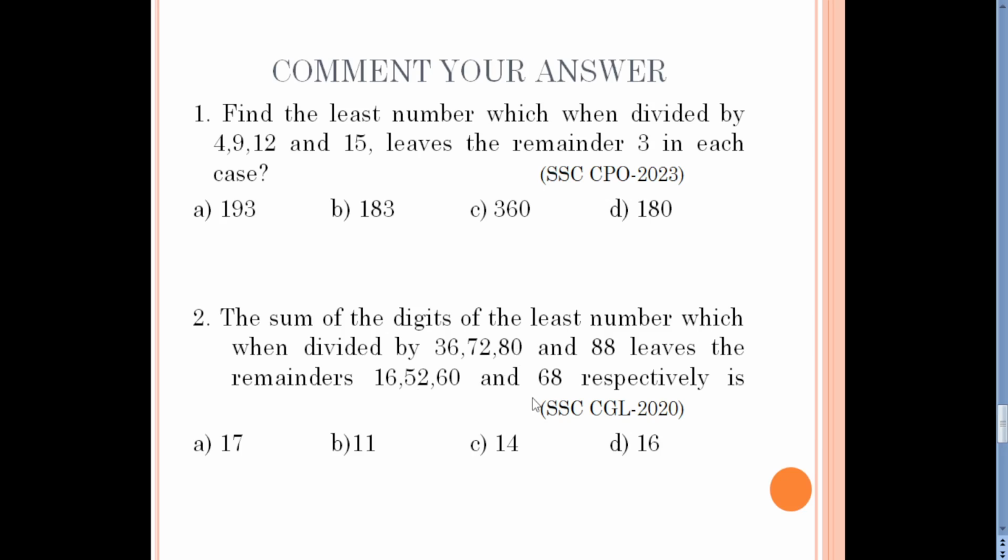Since the difference is the same, we apply the formula as discussed in this video. After applying this formula, we get some number, then we need to add the digits of that number. After that we get the answer. Just try to solve it. If you don't understand it, please put it in comments. I will try to solve that question in the next video.